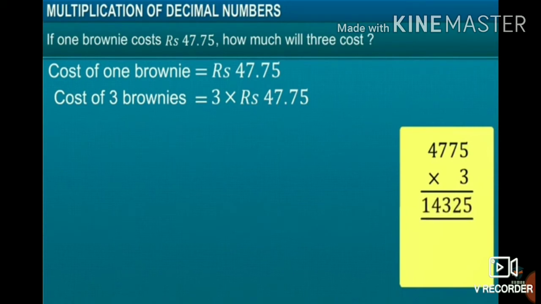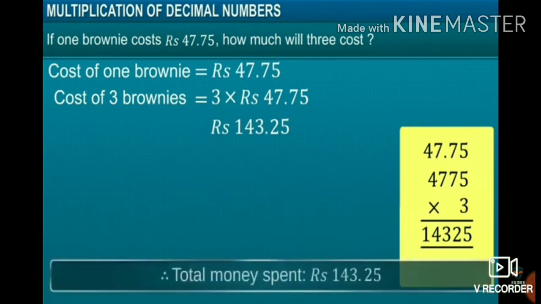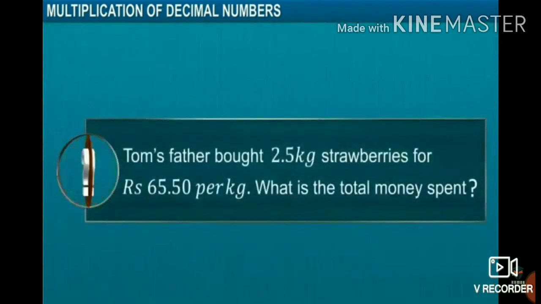Don't consider any decimal points. So 4775 into 3, and the product is 14,325. Now put the decimal point. How many digits are there on the right side of the decimal point? There are 2 digits, 7 and 5, so you put the decimal point there.